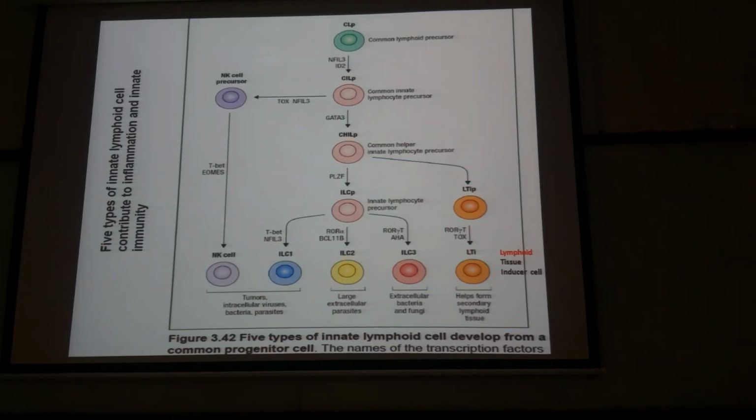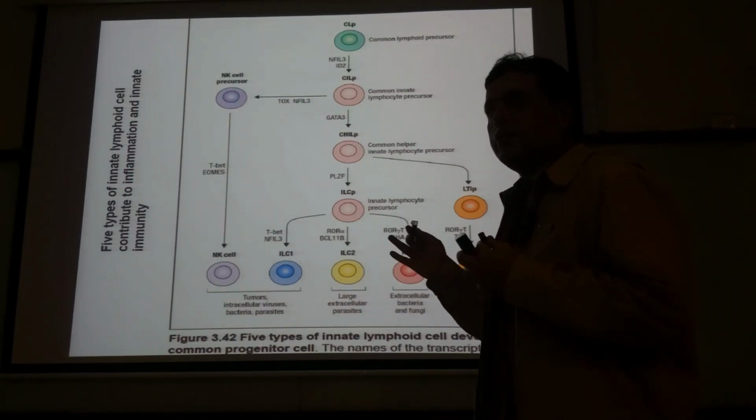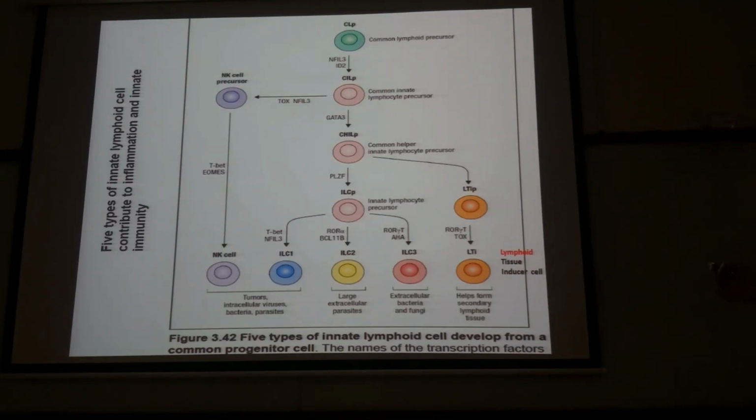When you talk about the innate immune response, there are 5 different cells that are involved in this particular process right from the beginning. In all these 5 types of the innate lymphoid cells, we are talking about the lymphoid cells right now, they originate from this common lymphoid precursor cells or CLP.